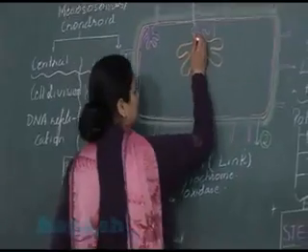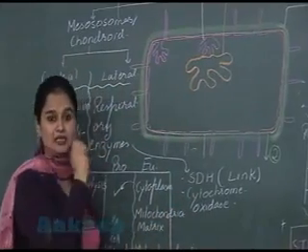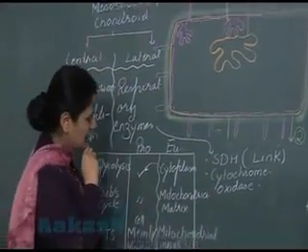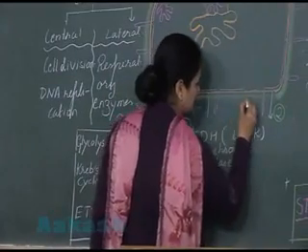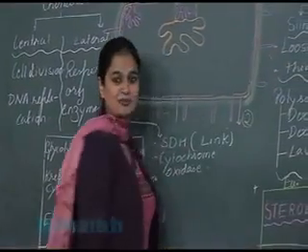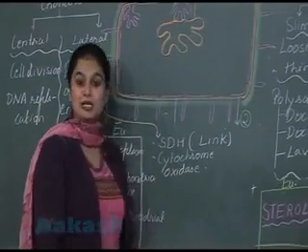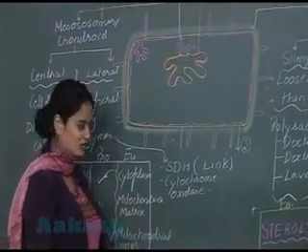So these structures we have discussed. What are these structures? They are the ingrowths of the plasma membrane. But can you see here, along with the ingrowths, there is also presence of these outgrowths of plasma membrane. So now we are going to deal with the outgrowths of bacterial cell structure.